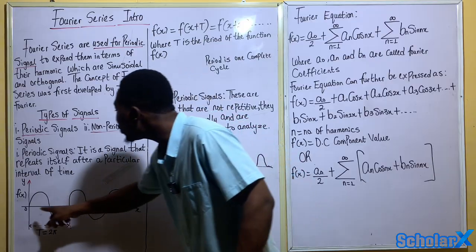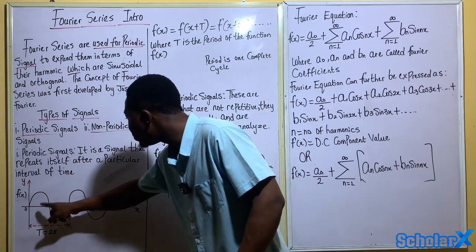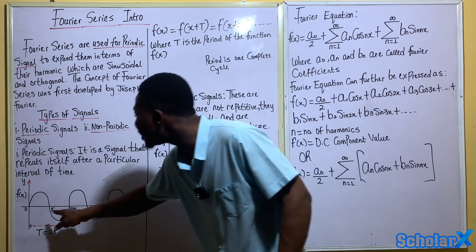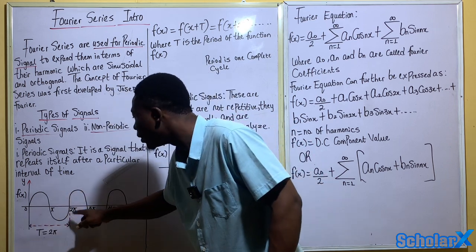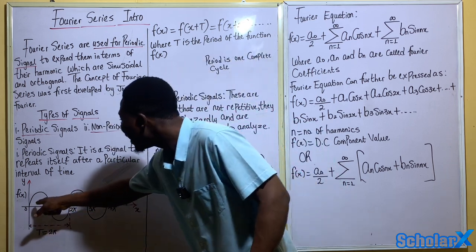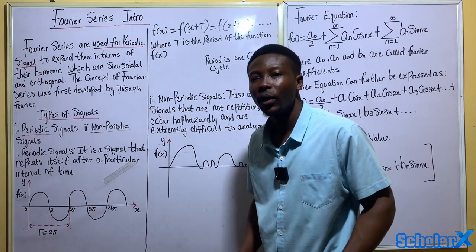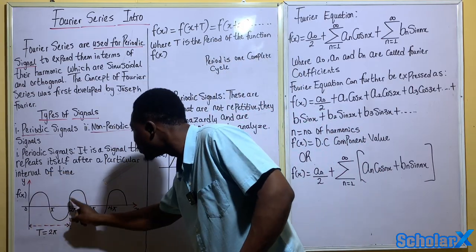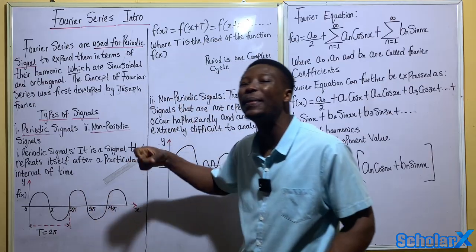It means that the period of this periodic function is 2 pi, because it takes 2 pi units to complete a full cycle. And it is periodic because it continues to repeat itself at the same interval of time.